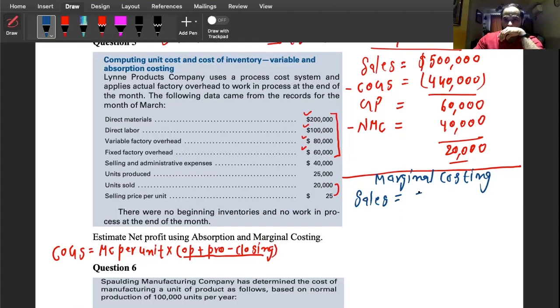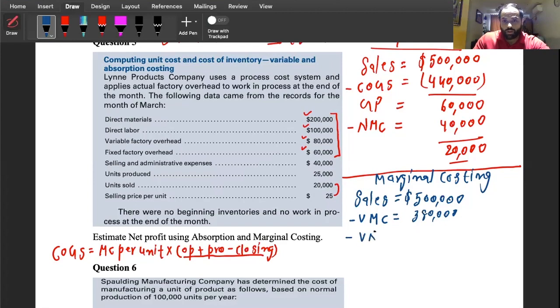Yes, 500,000. Minus variable manufacturing cost. How much is variable manufacturing cost? 380, that's right. Why 380? Direct material, direct labor, and variable overhead are the variable manufacturing costs. So these 3 are variable manufacturing cost.